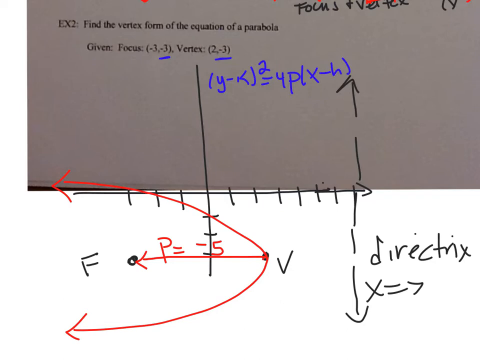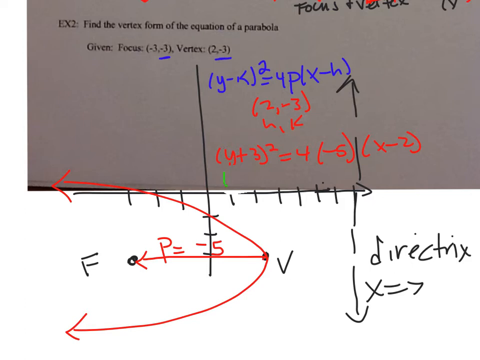But this is still the vertex. The vertex, which is (2, -3), is still h, k. So make sure you plug it into the right spot. So it'll be (y plus 3) squared equals 4 times p, which is negative 5, times (x minus 2). So that's y. Just going to change this color here.